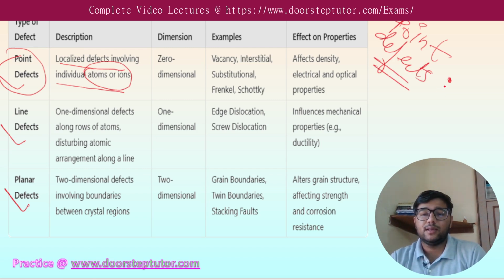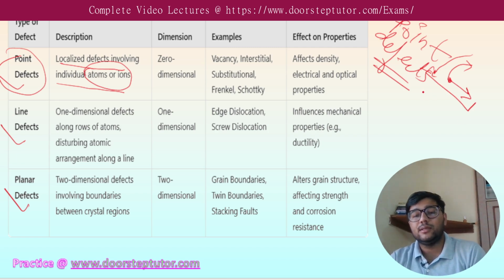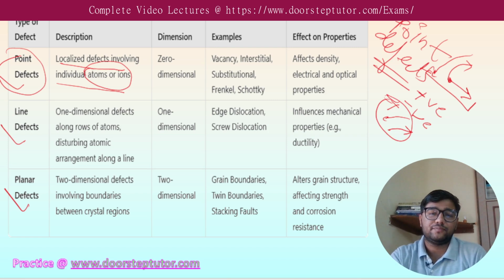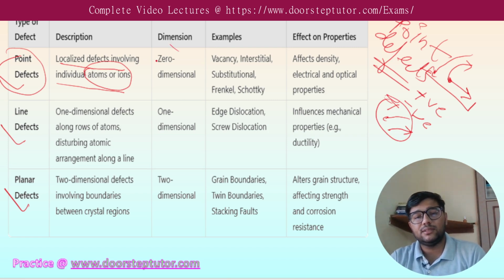An atom can be removed, or an atom can be moved into a new place in the crystal, or a new atom can be added. So these three possibilities happen in point defect. And if the defect occurs at ion level, then a positive ion or a negative ion can move, or a positive ion can be introduced into the structure or removed from the structure, and the same also happens for negative ions. And the dimension is 0.